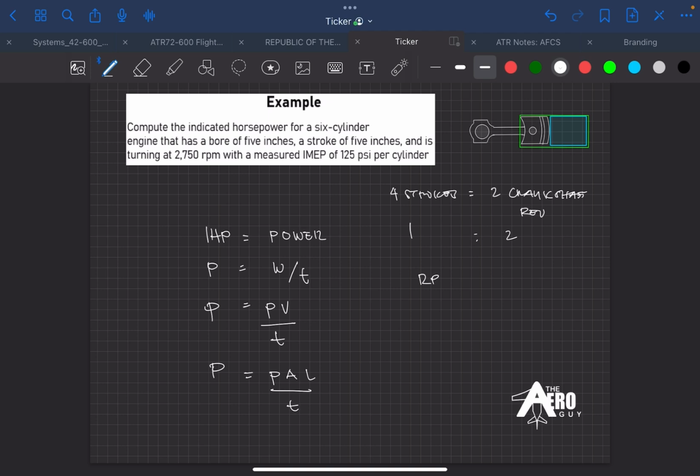So that's going to be RPM divided by 2, and that is represented by N, the number of power strokes. You also need to consider how many cylinders the engine has, so that's going to be represented by K.